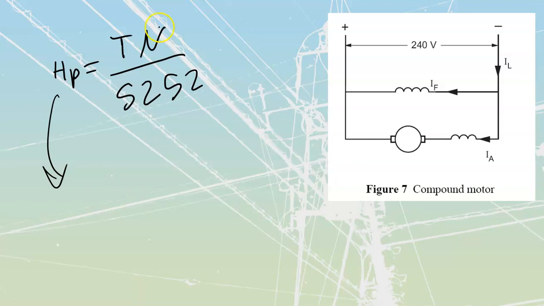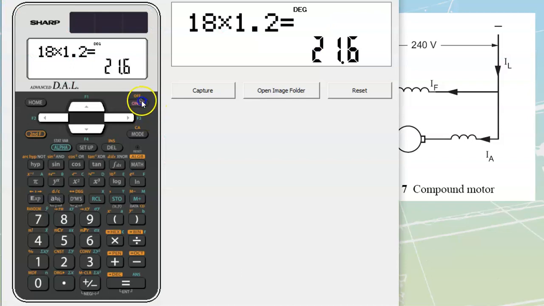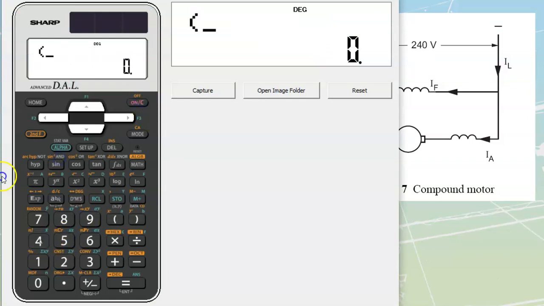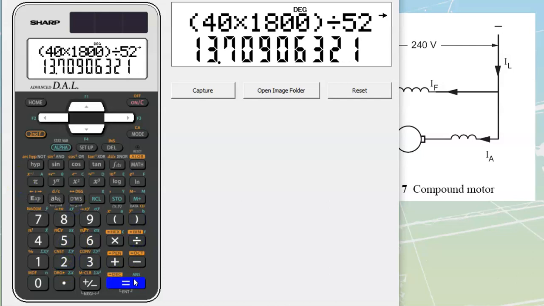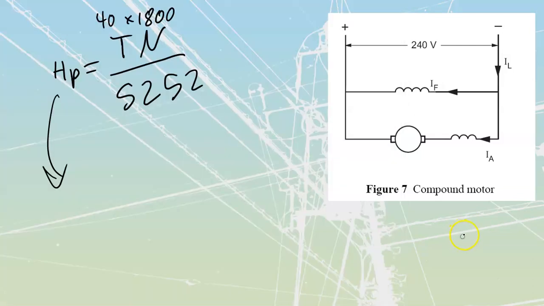So 40 times 1800, divided by 5252, gets me out to a value of 13.7 horsepower.